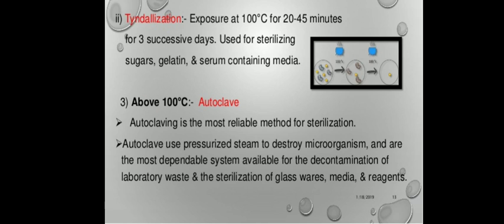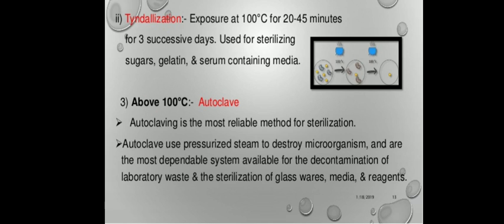And the third type in moist heat sterilization is above 100 degrees Celsius. Now above 100 degrees Celsius, you all might have used the autoclave, and this autoclaving process is the most reliable process for the purpose of sterilization.